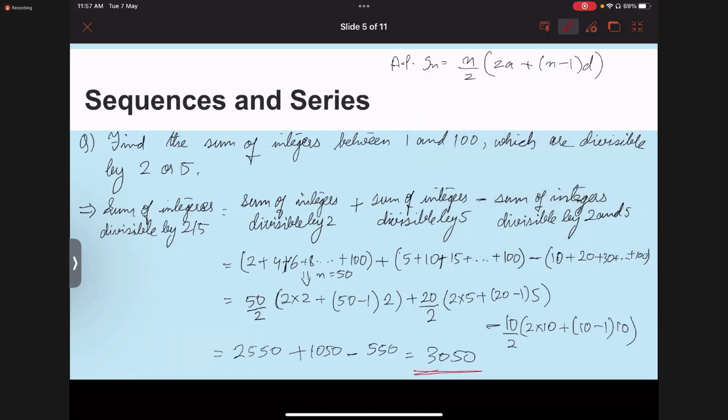Okay, so this is your final answer, and this is the sum of the series divisible by 2 or 5. So this is how we can solve such sums.